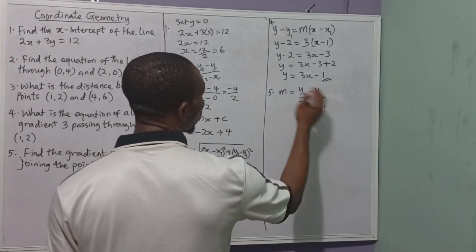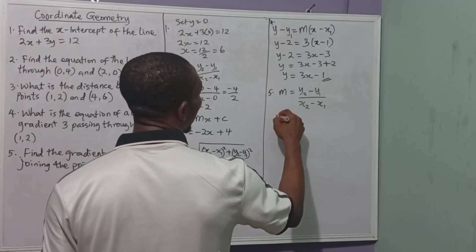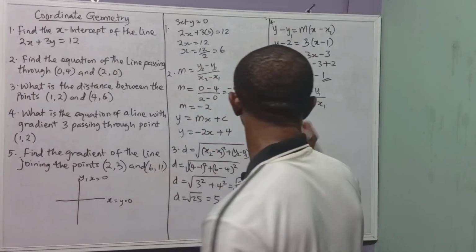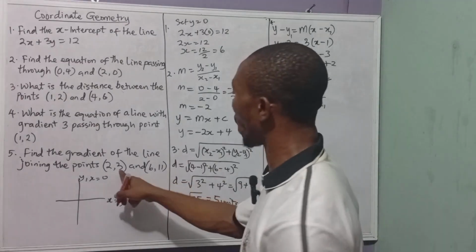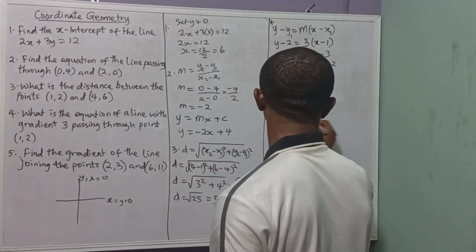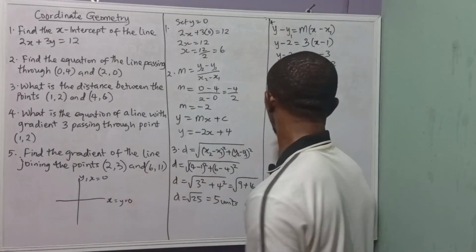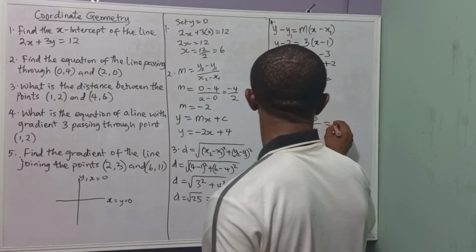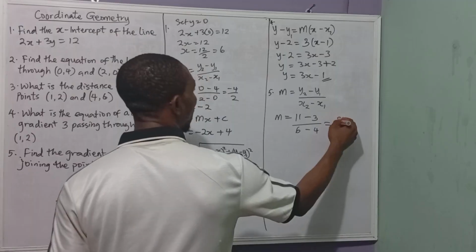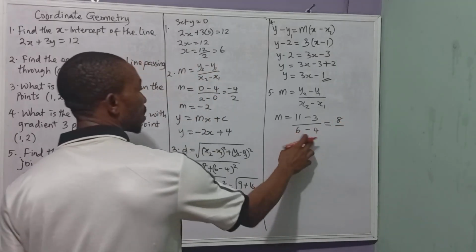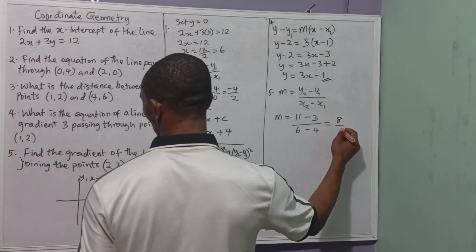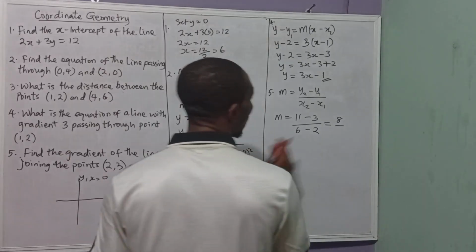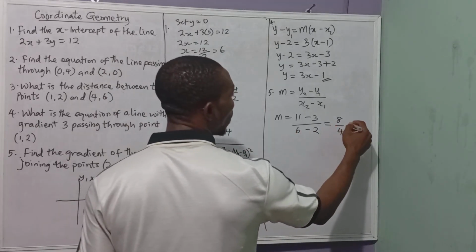Having these two, our gradient m is y2, which is 11, minus y1, which is 3, all over x2, which is 6, minus x1, which is 2. Now 11 minus 3 gives us 8, and 6 minus 2 gives us 4.